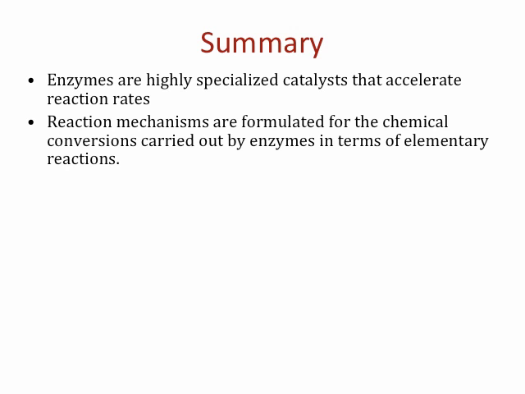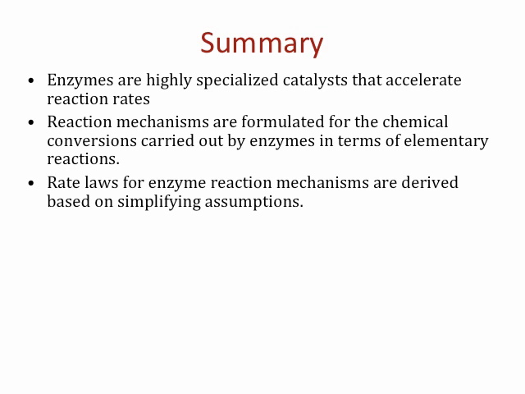To describe the rate law, we have to formulate first the reaction mechanism, namely the underlying reactions that describe how the enzyme functions. And these are described in terms of the actual reactions that take place or the elementary reactions.